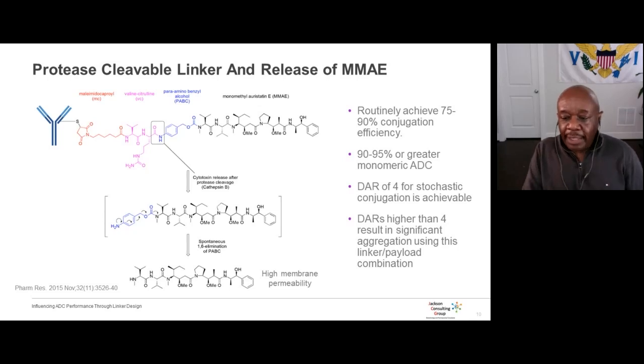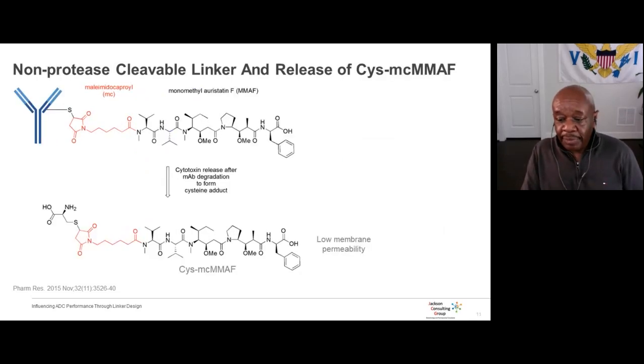With that being said, there is the other member of the family, and that is the MMAF. This is also an auristatin. It's monomethyl auristatin F. It's using the MC, or the maleimide linker, conjugated to cysteine. As you notice, there's no dipeptide and there's no PAB spacer associated with this one. And what happens is that the way this payload is actually released, this is the active payload here, this cys-MC-MMAF.